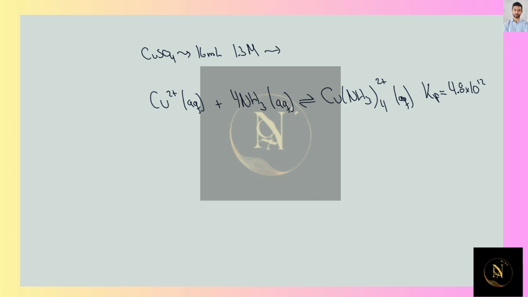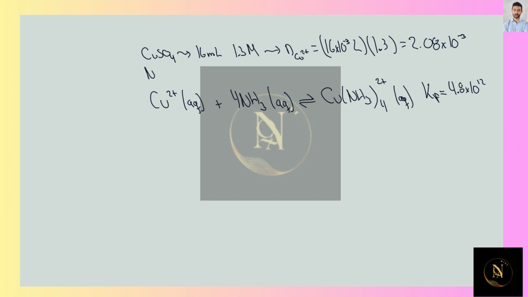So this corresponds to an amount of mole, and this is the amount of mole for copper 2 plus because this salt is just going to dissociate completely in water, of 16 times 10 to the minus 3 liters. This is the volume that we have times the concentration, 1.3. In this case, the amount of mole that we are going to have of copper 2 plus is going to be 2.08 times 10 to the minus 3, correct?